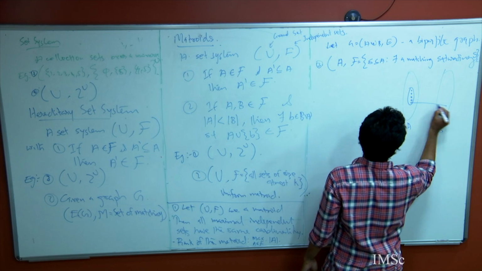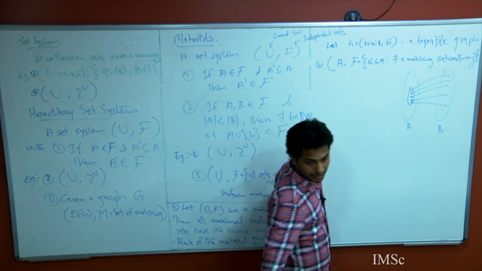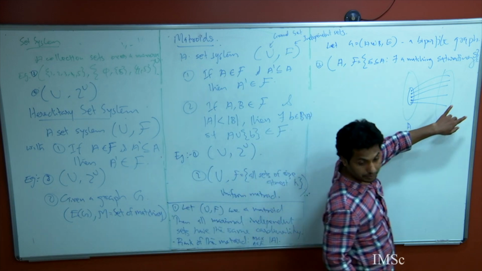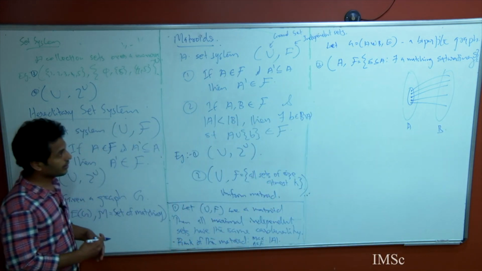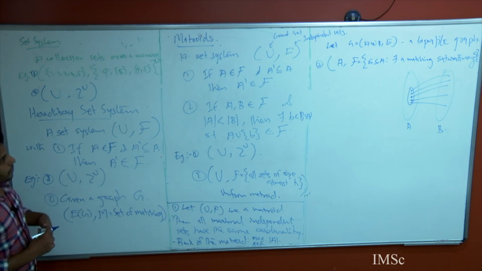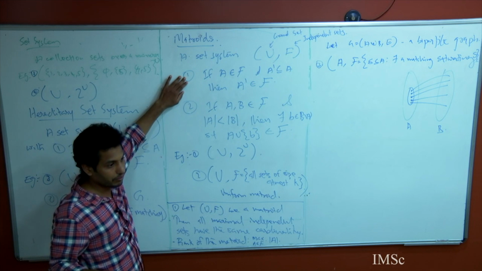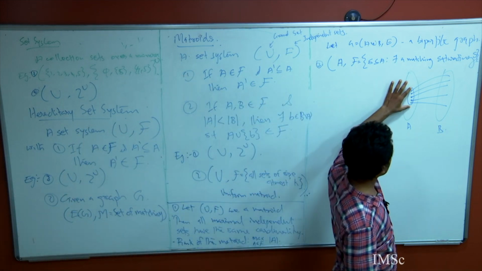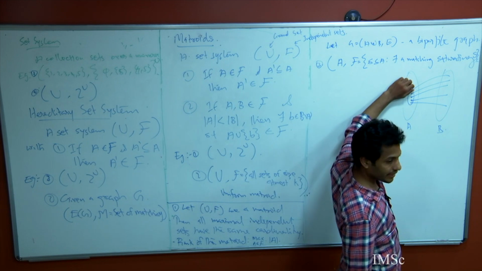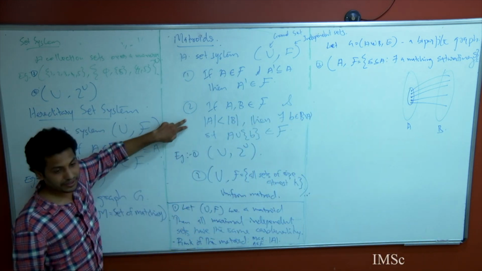That means there is a matching like this. I don't care about where the other endpoints are, there exists some matching. So, can you see this property first? It's very simple, right? If there is a matching saturating this, then for any subset there is a matching saturating it. What about this one?